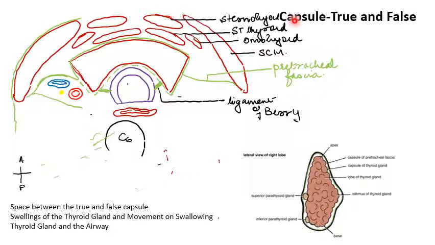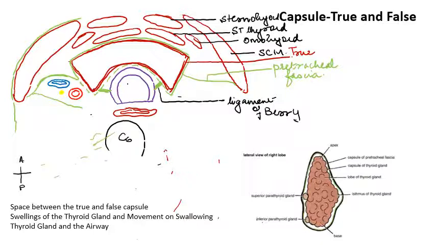Now, let's come back to the capsule. The capsule of the thyroid gland is true as well as false. The true capsule is formed by the condensation of the stroma of the gland. So this would be its true capsule, which is formed by the condensation of the stroma, the connective tissue of the gland.